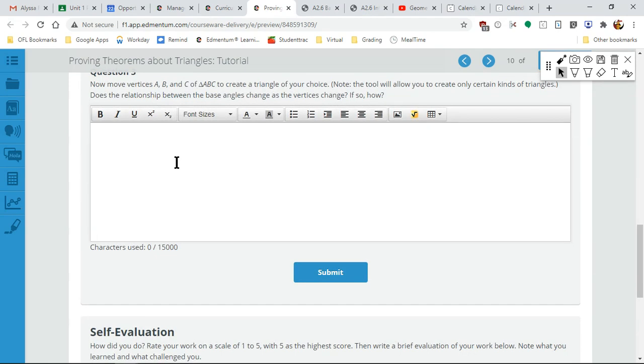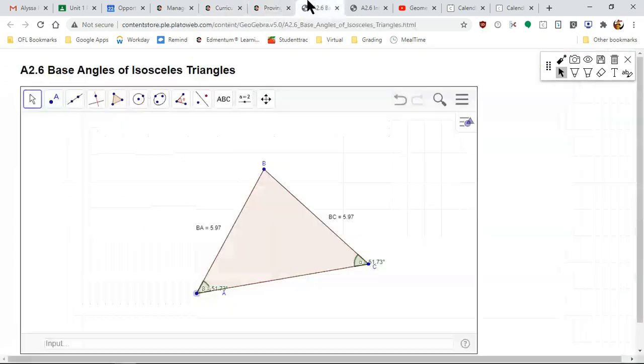So when moving the vertices, the triangle remains isosceles, as well as the fact that the base angles remain congruent. Base angles are these two angles at the bottom.